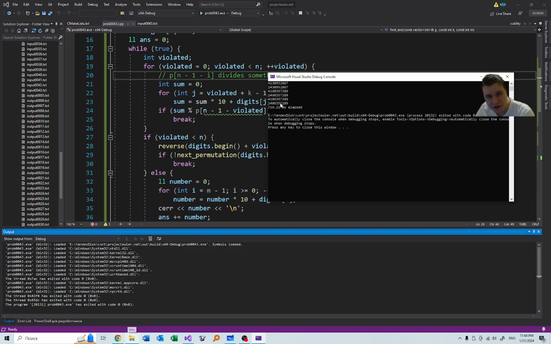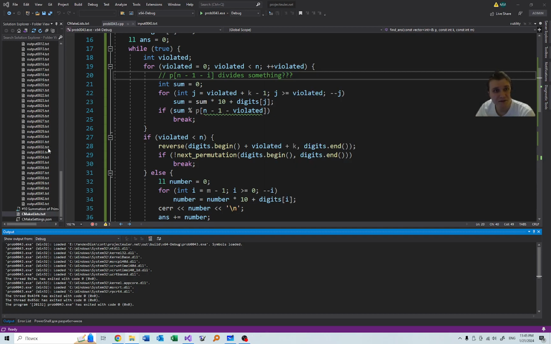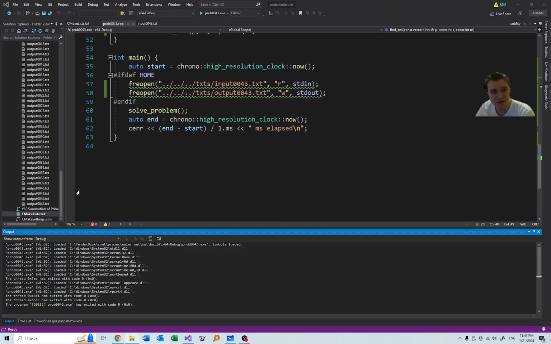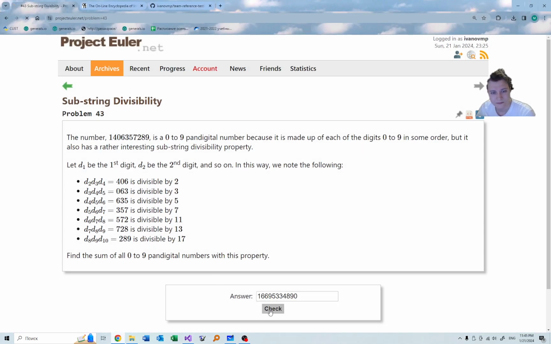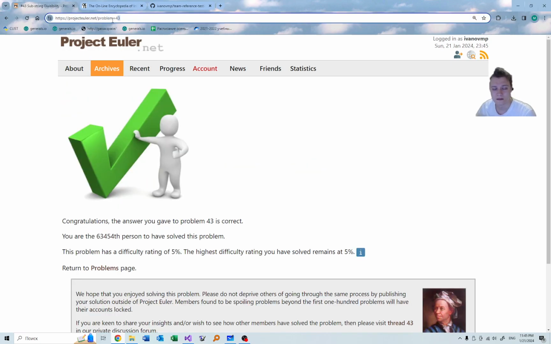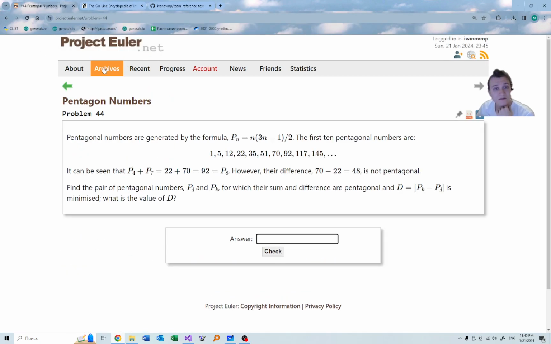It's funny how it always is 5. Okay, whatever. If it's always 5, then there are reasons why it's always 5. Problem 44. Pentagonal numbers are generated like this.